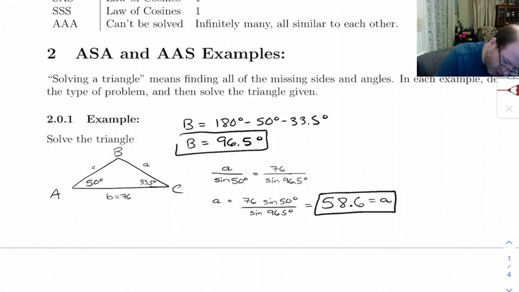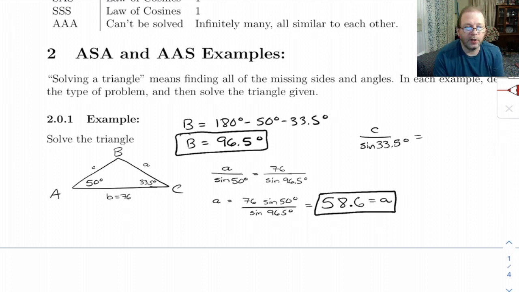So let's see, that's one of my bits of information. The thing left to solve for is little c. So little c over sine C, where C is 33.5 degrees, equals. Now I could use A or B here. I don't want to use A, I want to use B. In theory, I could use either one, but this is a rounded number, so it's already lacking some precision.